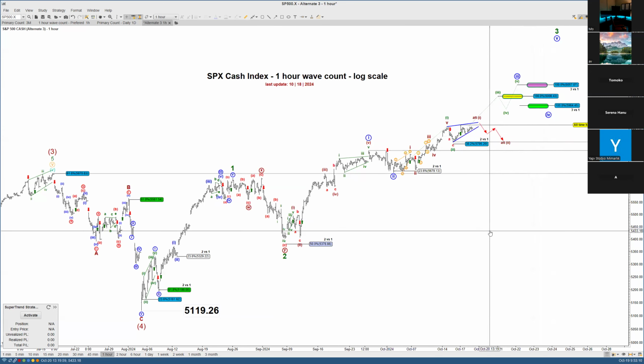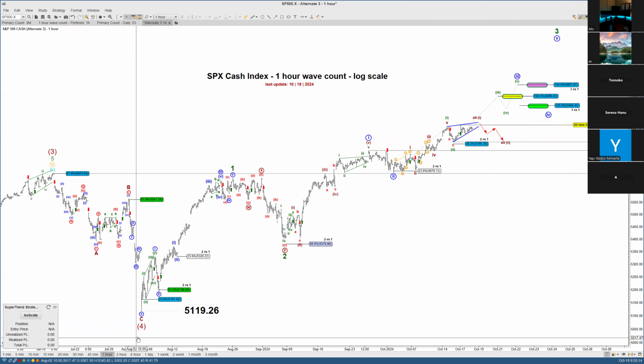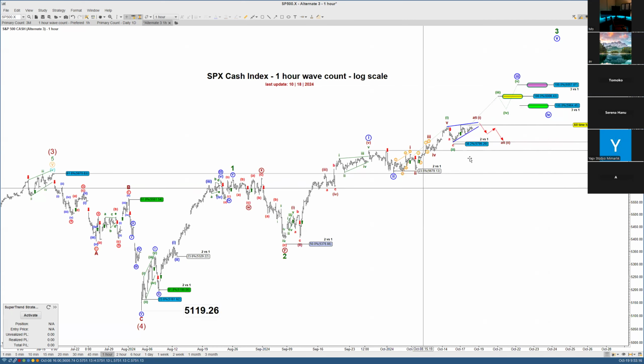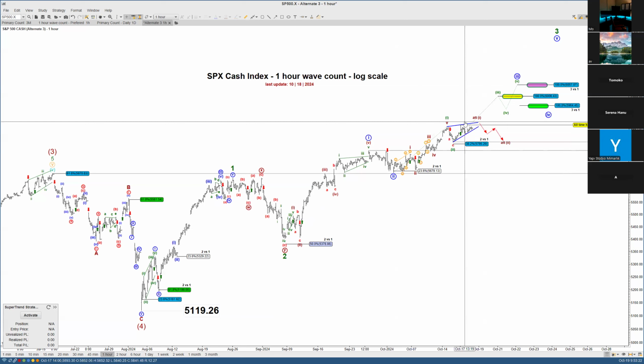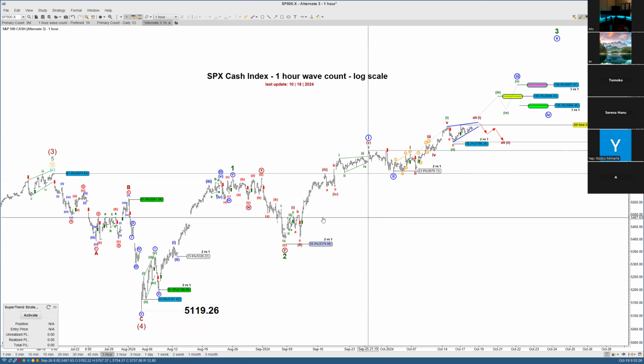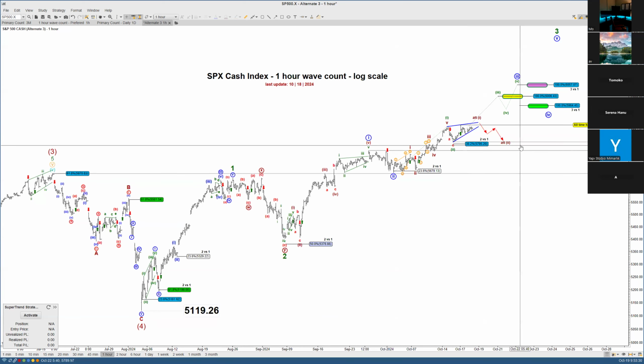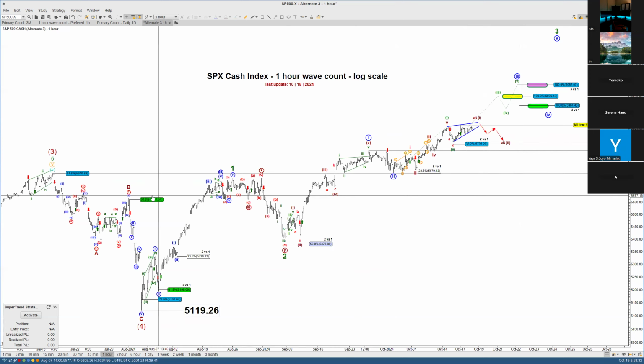I think this market has more upside to go, but to make this wave count work, if the market tops out right here, then instead of counting this as a 1 2 1 2, it's going to become some sort of a diagonal.